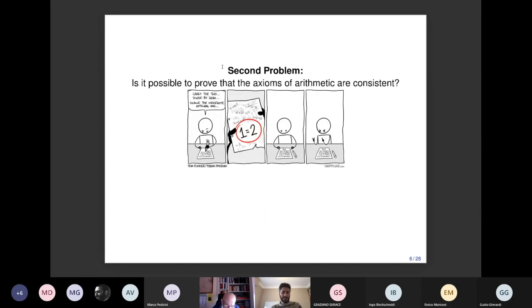And the third problem which I present is the second problem, and the reason why is that as computer scientists we can see the second problem as the spark of computer science, and it was pretty simple. The question is: is it possible to prove that arithmetic is consistent?